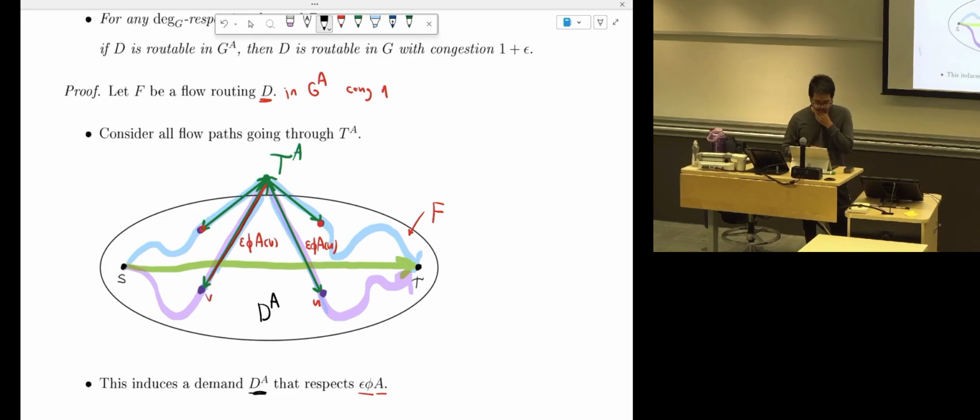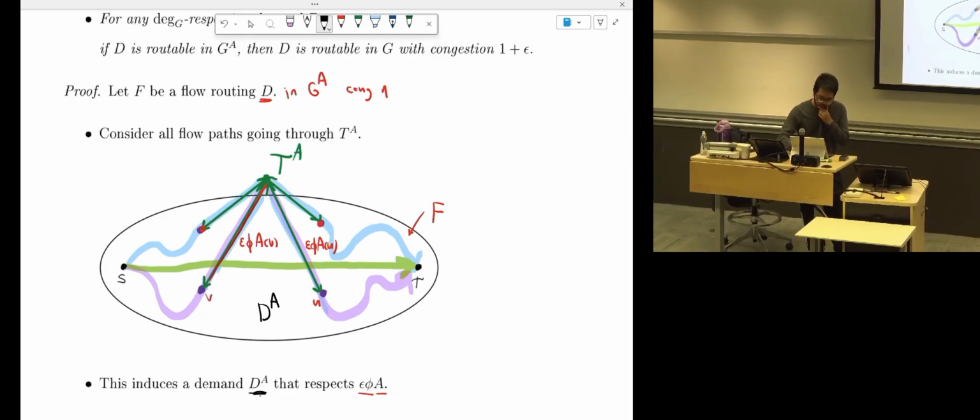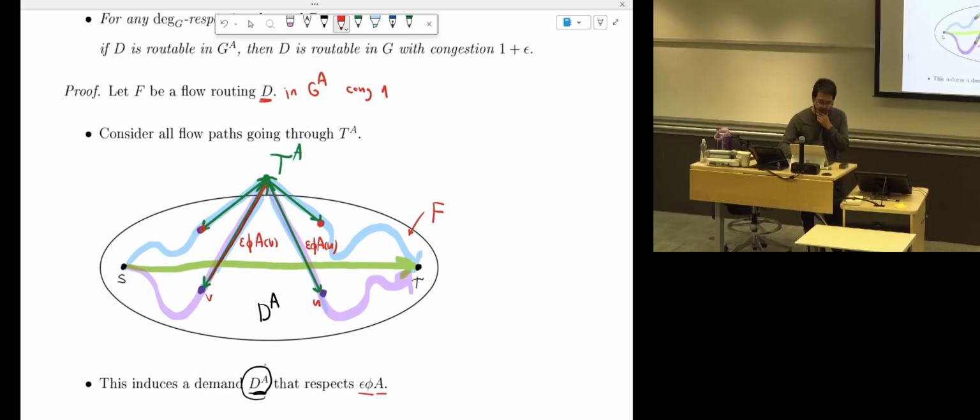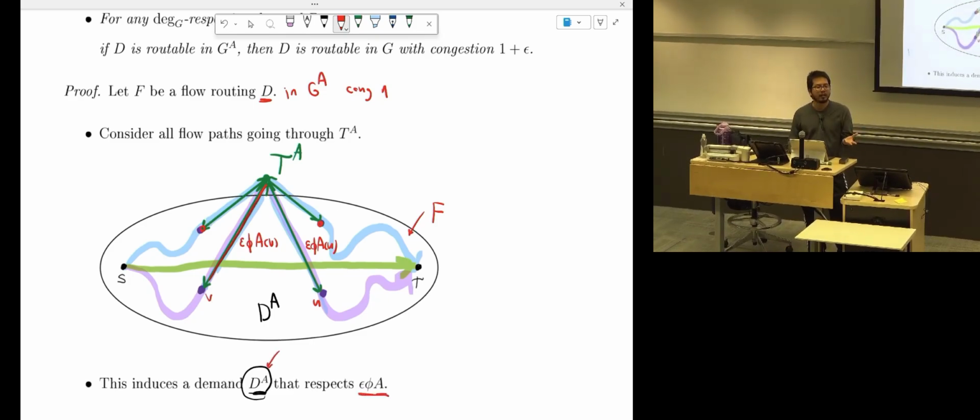Now, this demand respects epsilon phi A, but A is phi expanding. So what's the congestion with which you can route it? So dA is routable with congestion what? Yeah, 1 over phi. Not quite.